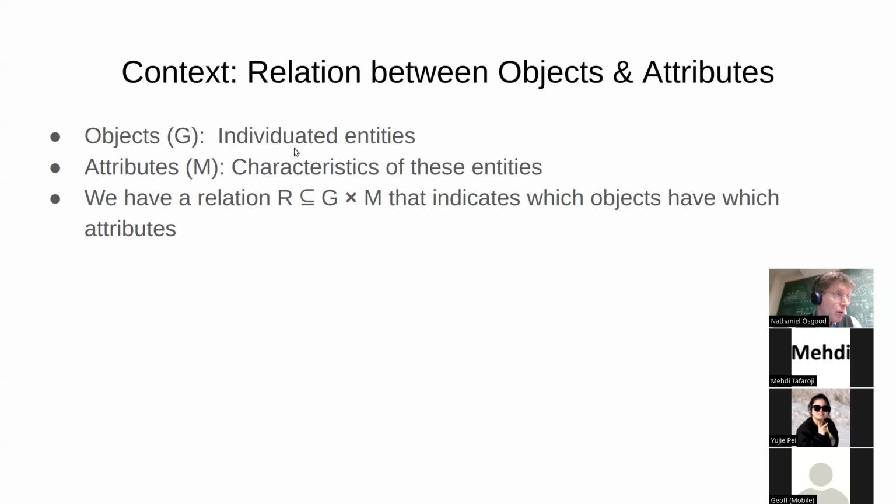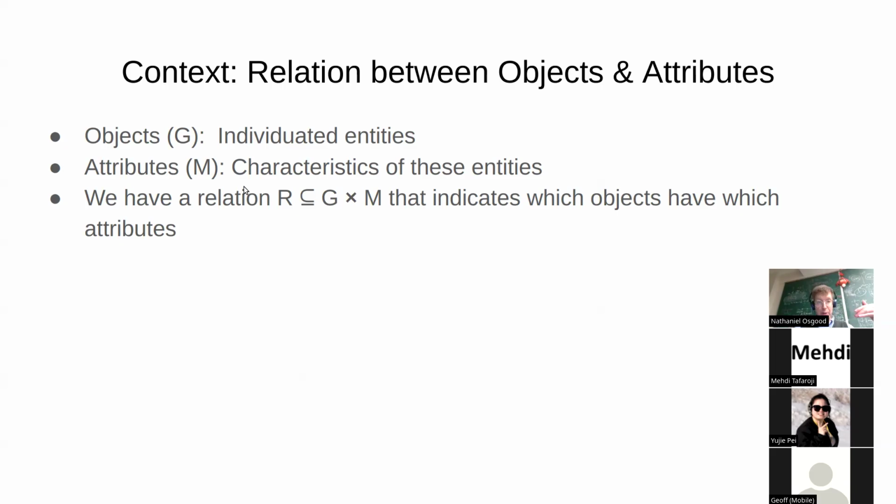These could be people, if we're dealing with people with long COVID and considering what symptoms they have. It may be, we'll see one example from Christ, where objects are social media platforms. We may have other cases where objects are species of shrew or what have you.